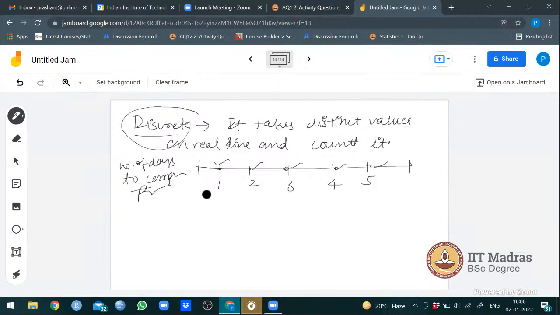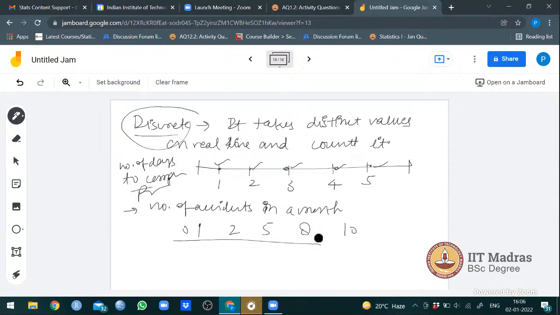Suppose I say number of accidents in a month, so it will be discrete. It can be one accident, 2 accidents, 5, 8, 10 accidents, or no accident also. So it will be discrete. Discrete is simple.